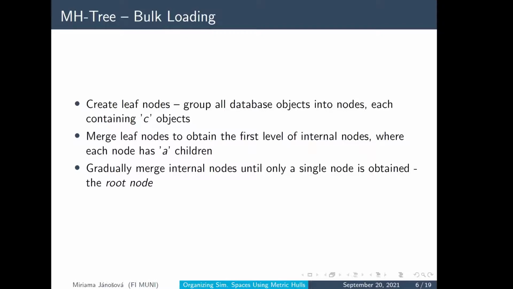Next, we apply the merging procedure to collapse all the leaves into the first layer of internal nodes, such that each of these internal nodes would have A children. The merging procedure is repeated until only a single node is obtained, which then becomes the root of the tree.